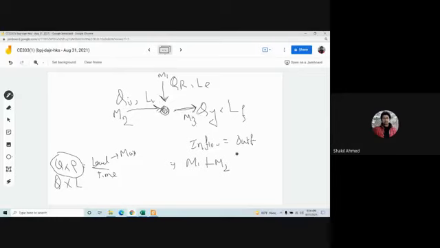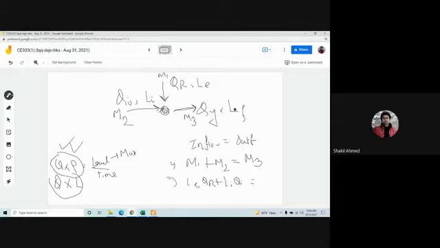Mass per unit time is Q into L, or rho into Q. So M1 is LE into QR, M2 is LI into QI, equals M3.